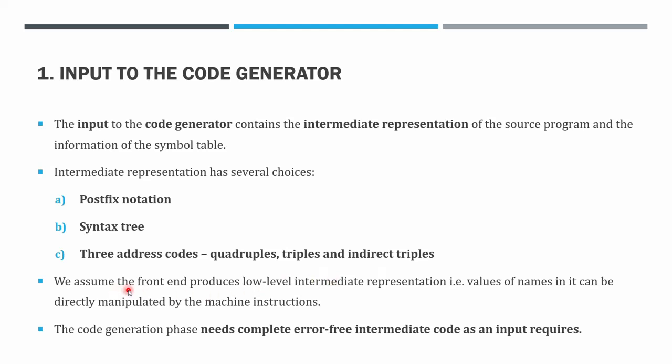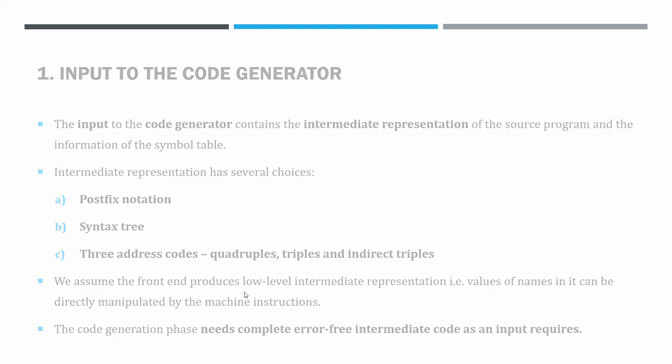Here we assume that the front end produces a low-level intermediate representation, that is, the values of the names in it can be directly manipulated by the machine instructions. The code generation phase requires complete, error-free intermediate code as an input. So whatever input we give to the code generator should be error-free.